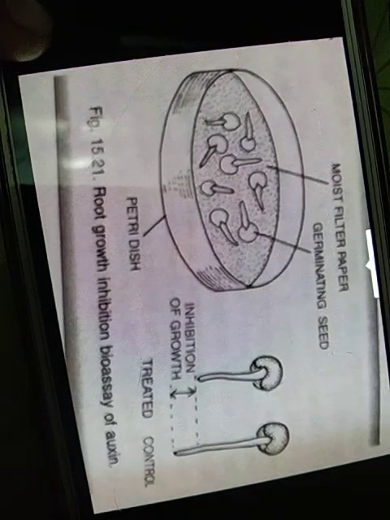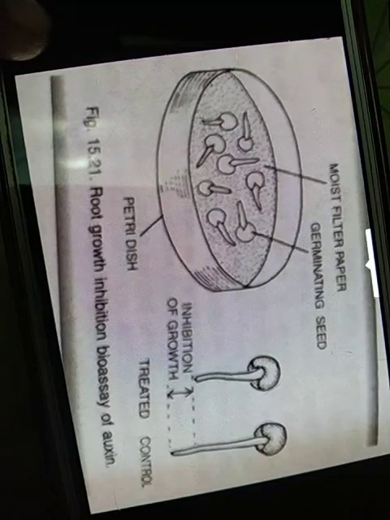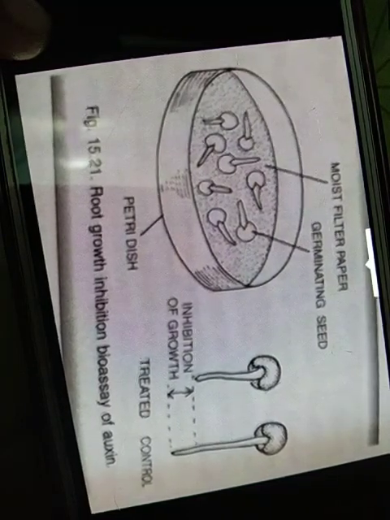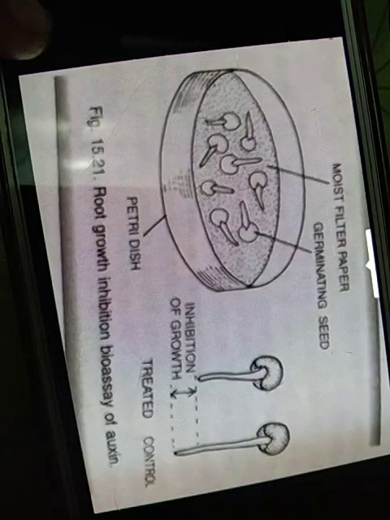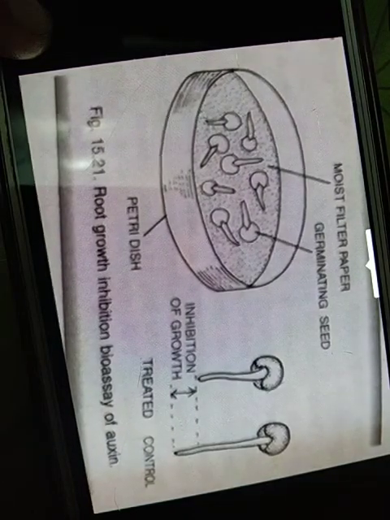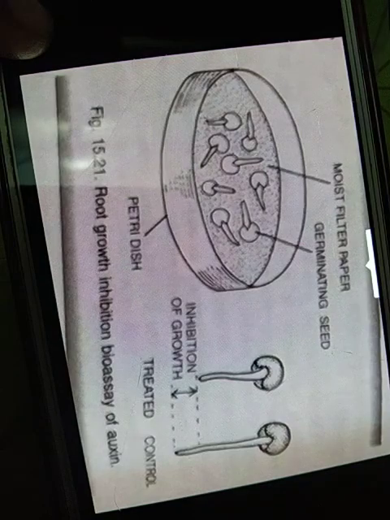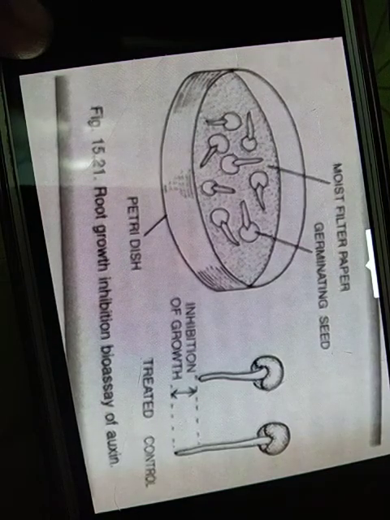The length of the roots is measured after 48 hours. It is seen that the seedlings placed in the test solution show very little root growth, while root growth is normal in the control seedlings.